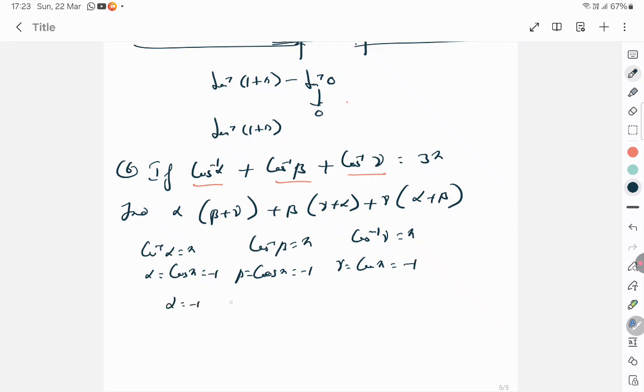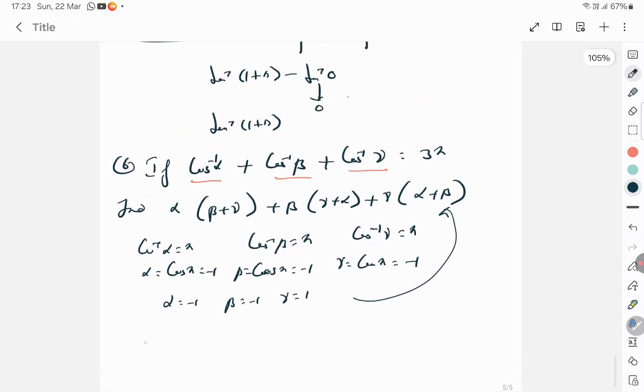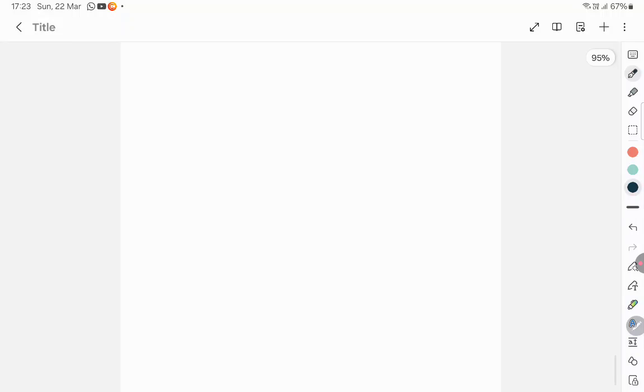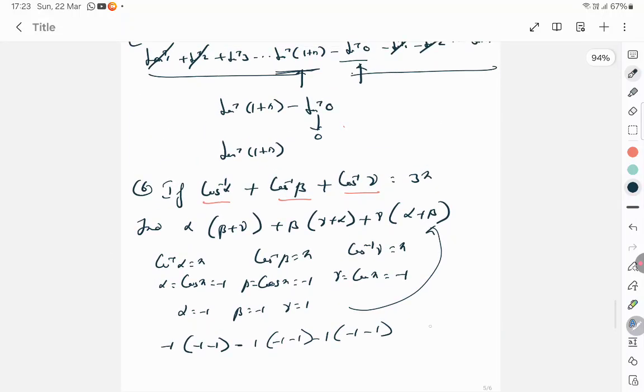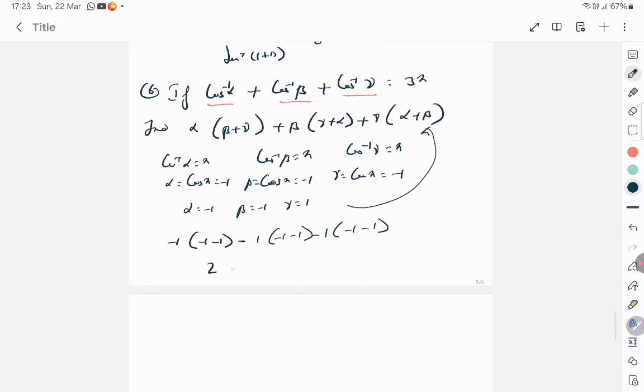So you got alpha, beta and gamma all to be minus 1. Just a question of substituting in this. You solve this, you will get the answer to be 2 plus 2 plus 2, which will be 6.